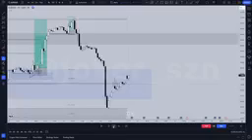And now we want to see how Monday's price action is trading, right? So we wait for the Monday daily close.